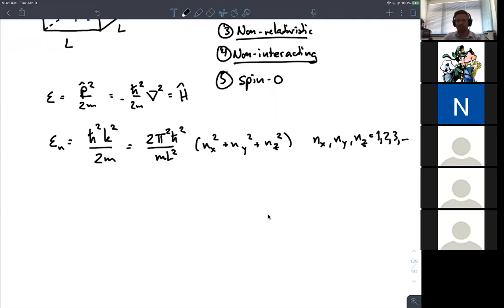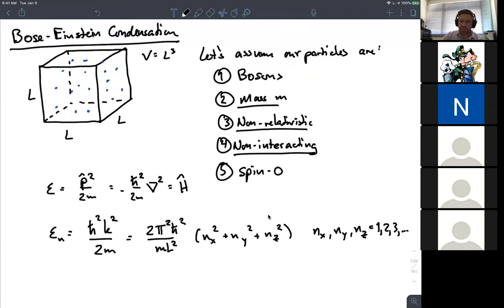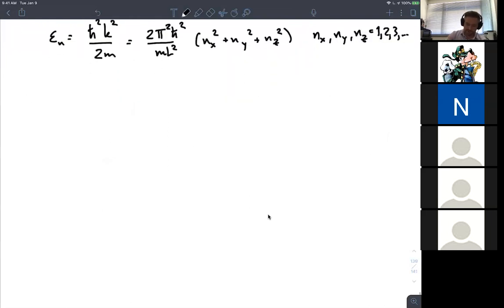All right, so again, basic quantum mechanics. And again, these are the wave functions of our individual particles. We're going to put these particles into this box of volume V equals L cubed. As before, what we're interested in are all the states that have the same energy, that is, that lie upon a sphere in our K space.